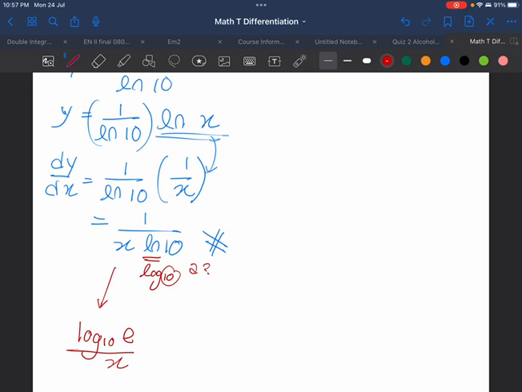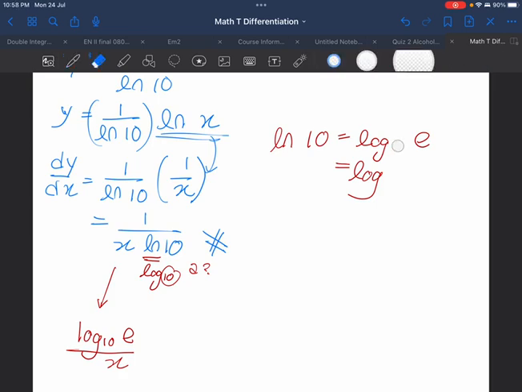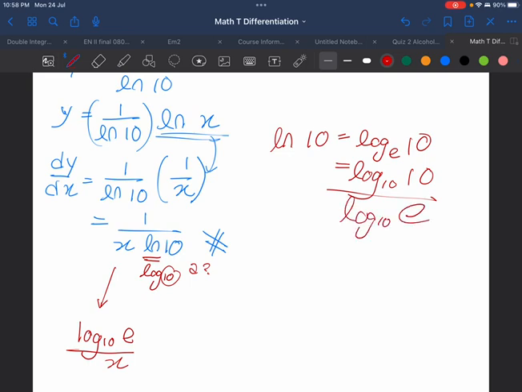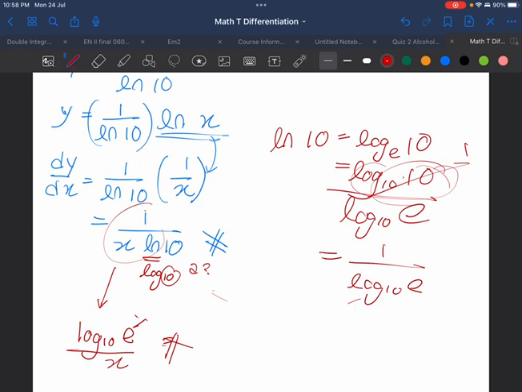Let me show how. ln 10 is equivalent to log base e of 10, and changing back to base 10, we get log base 10 of 10 over log base 10 of e. Now log base 10 of 10 is equal to 1, so it is 1 over log base 10 of e. When we substitute here, this is the answer.